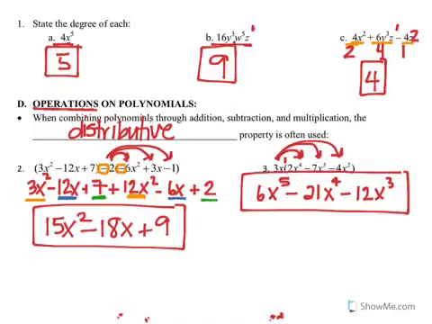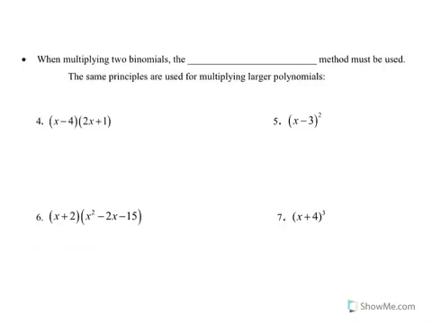All right, let's take a look at the back side of the notes. We're going to be multiplying two binomials together, and we're going to use FOIL. Remember what FOIL stands for: firsts, outsides, insides, lasts. It's just a way of remembering to distribute everything. So for instance, firsts, outsides, insides, lasts.